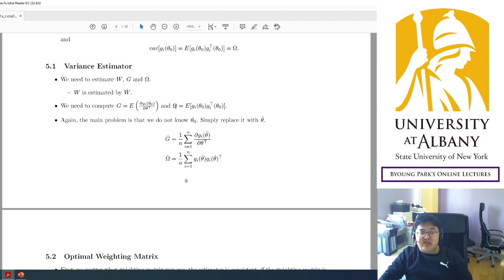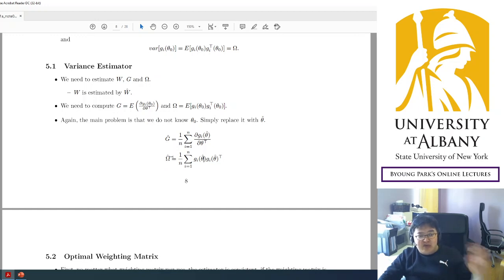Omega was defined as the population mean of g_i(theta_0) g_i'(theta_0). The population mean is easy to handle, but theta_0 was the problem, and we replaced theta_0 with theta hat, the estimator. The resulting estimator was used to estimate omega hat.